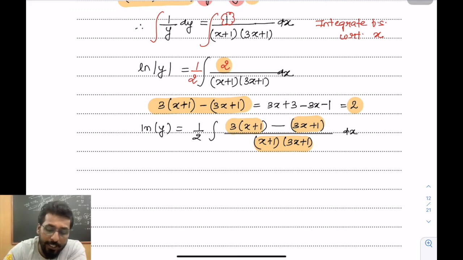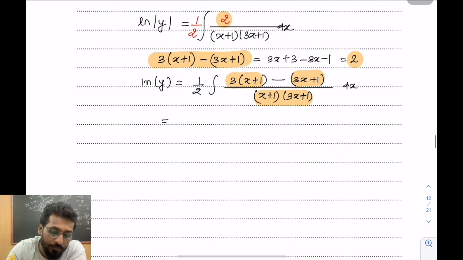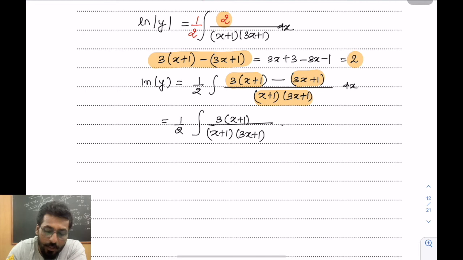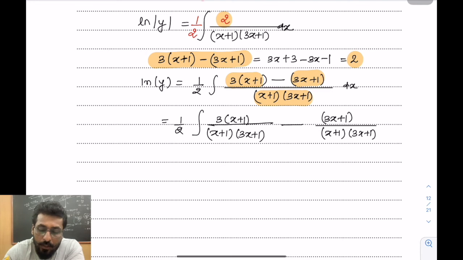So I'm going to get 1 upon 2 integration of 3 times of x plus 1 divided by x plus 1 into 3x plus 1, minus 3x plus 1 divided by x plus 1 into 3x plus 1, and then dx, right?